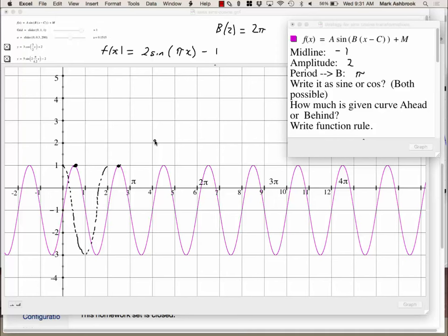Thinking of x increasing from left to right, unshifted cosine cycle starts, and then later our cycle of cosine starts. How much later? 1/2. 0.5. So we have a cosine graph that's starting a 1/2 unit later than unshifted cosine.